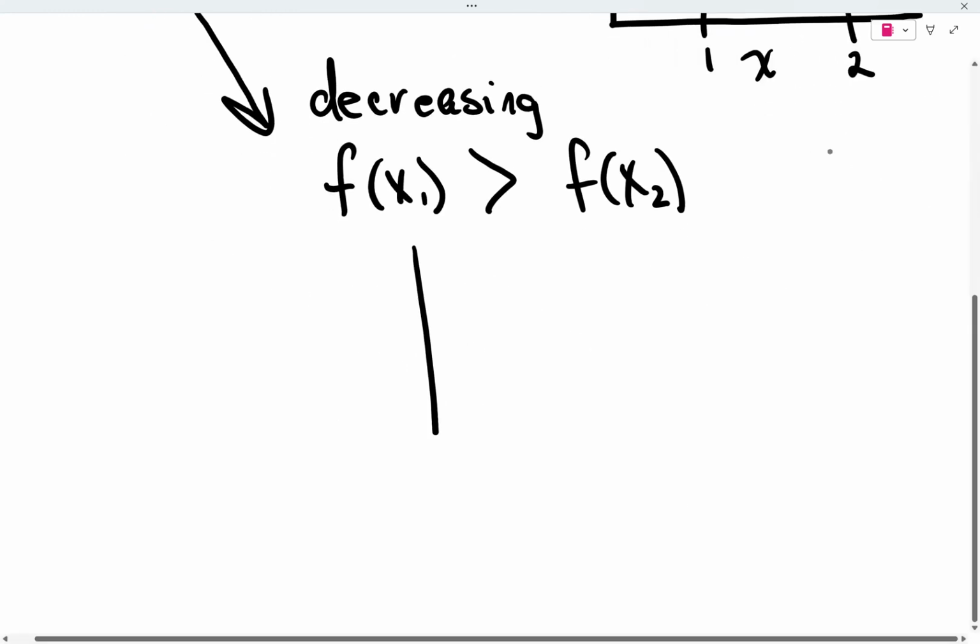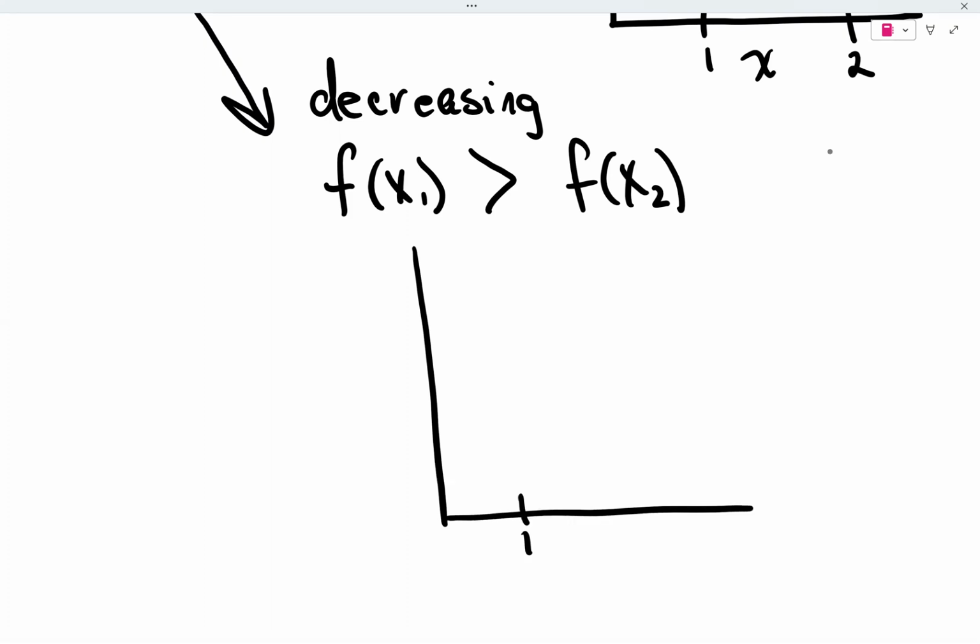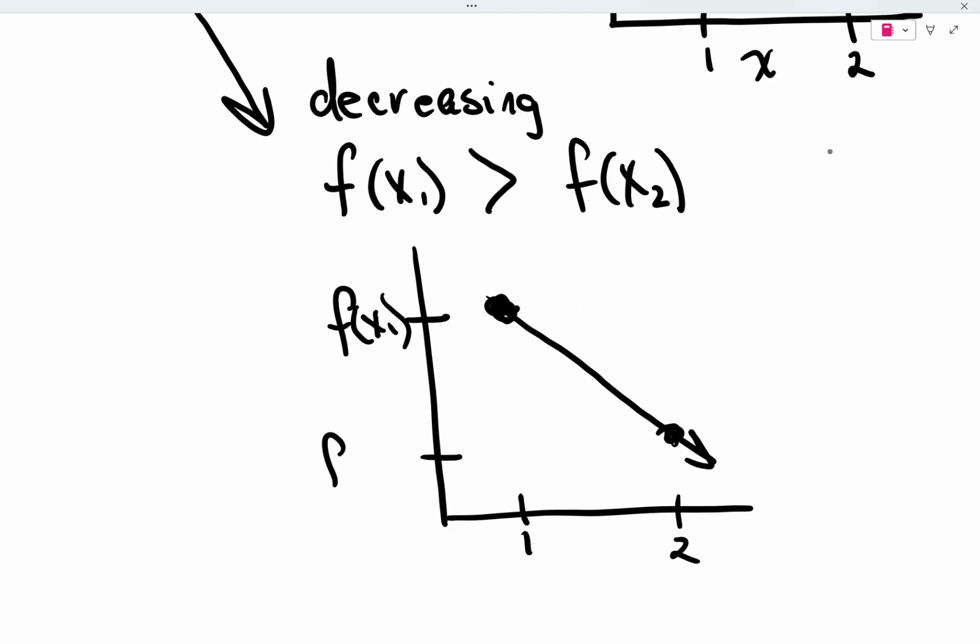So if I'm looking at just the first quadrant, this is x1, this is hypothetically x2. That means that f of x1 is somewhere up here, and it's going in this direction, so that some f of x2 is just less than that. And that's basically decreasing.